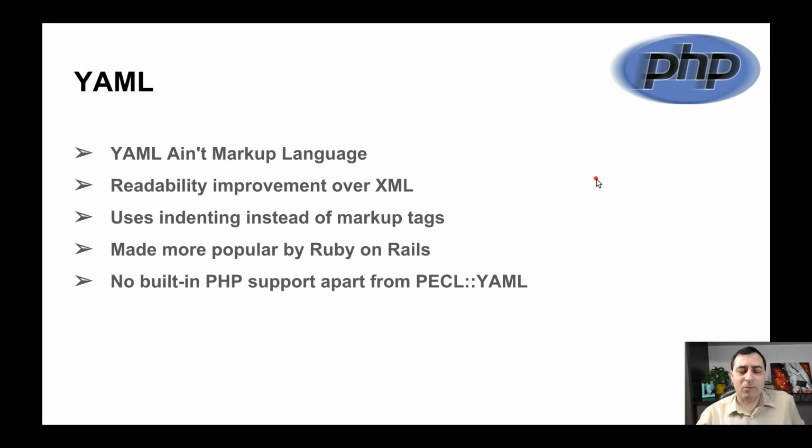In PHP, it does not come with built-in support, at least in the core distribution, but there is an extension called PECL YAML that can be used to parse YAML file formats. As I mentioned, several PHP frameworks support this format with their own PHP code.